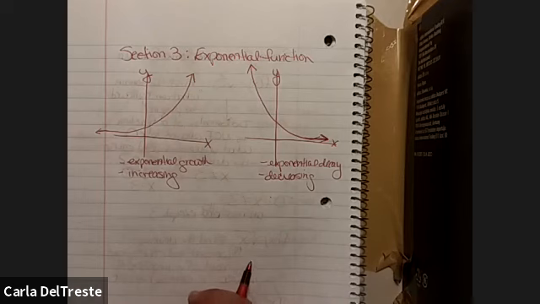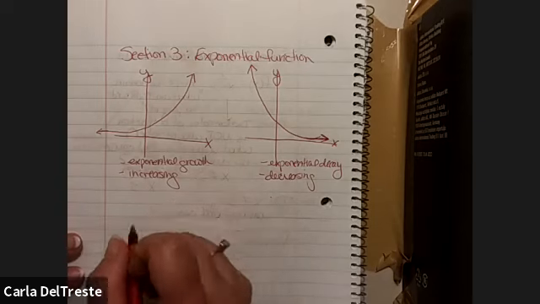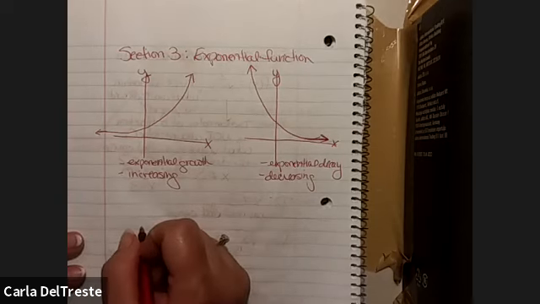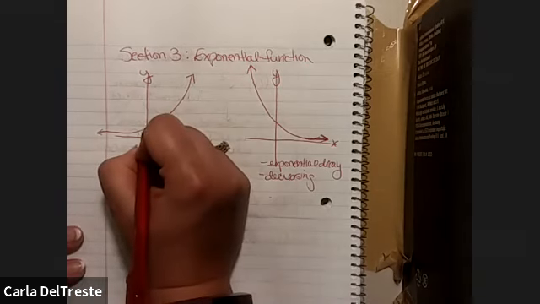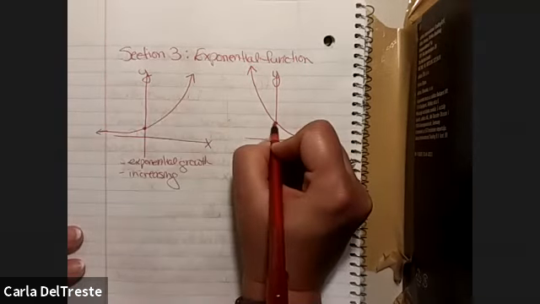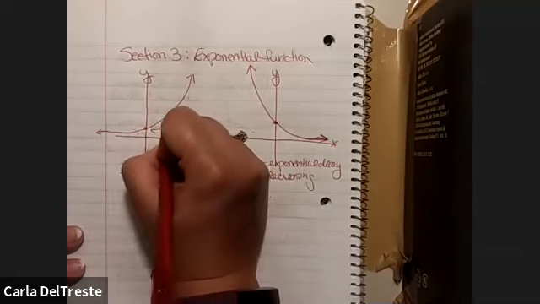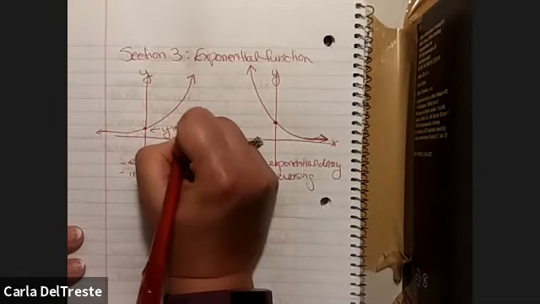And the good news is this is basically it, okay? This is what an exponential function will look like. There's a couple of facts about these graphs. First of all, you can see that they do have y-intercepts.